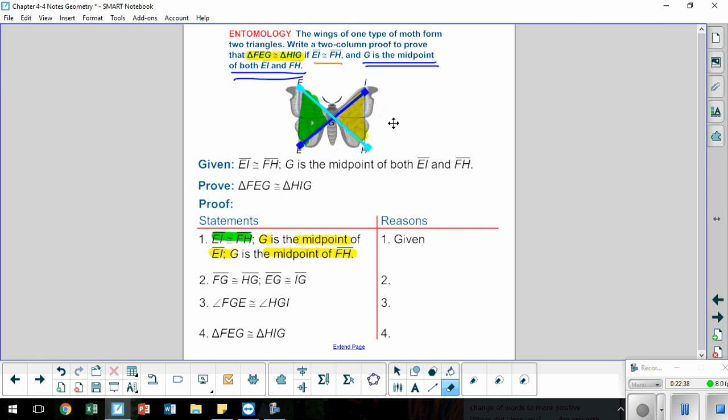This line right there, if that is the midpoint of it, then this guy is going to be congruent to that one. Okay. If that's the case, we also know that H is the midpoint. That means that these two are congruent. Okay?